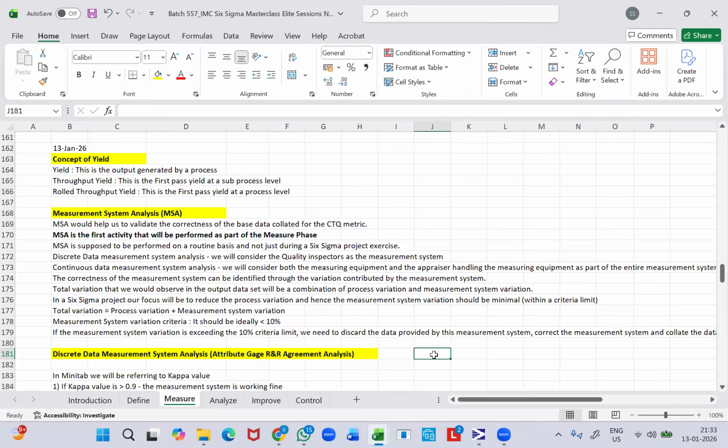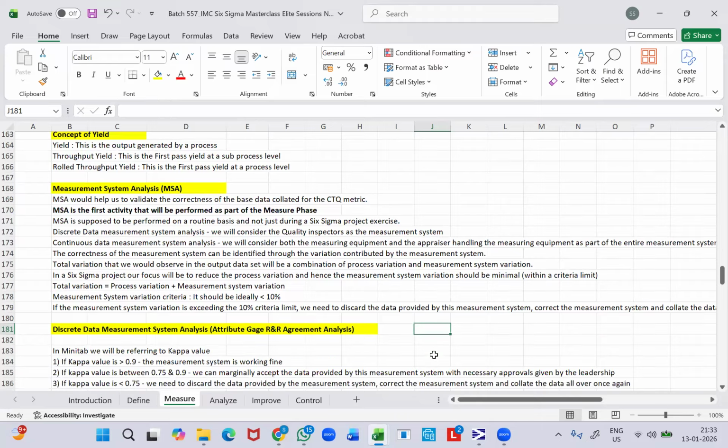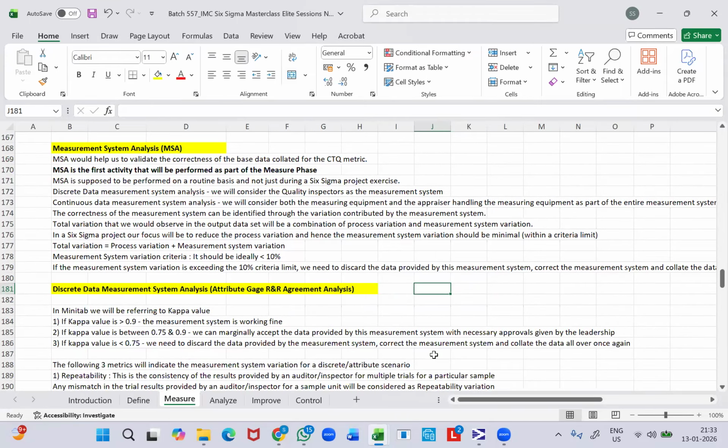There are multiple metrics that represent the measurement system variation for a discrete data scenario. But if you are going to solve this exercise using Minitab, we need to look at a metric called kappa value, apart from the usual metrics. We will learn about those metrics in a short while.